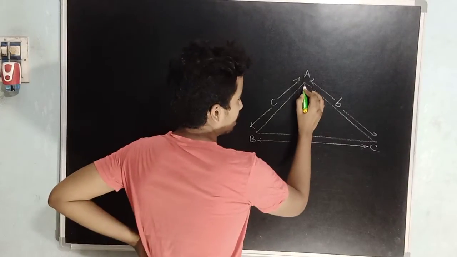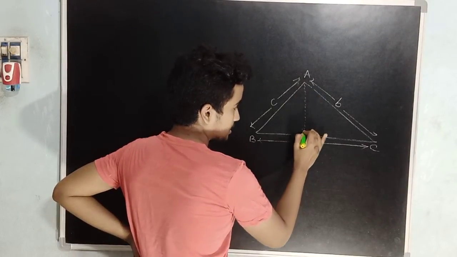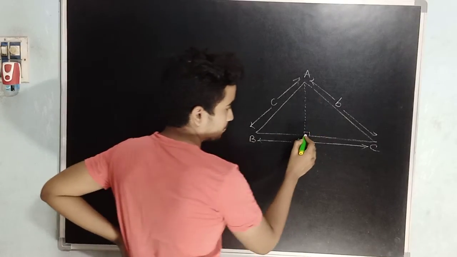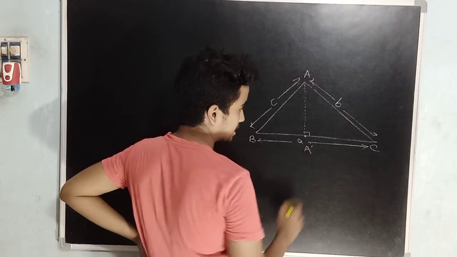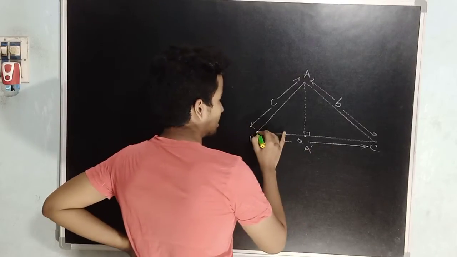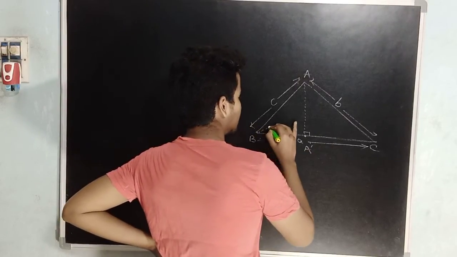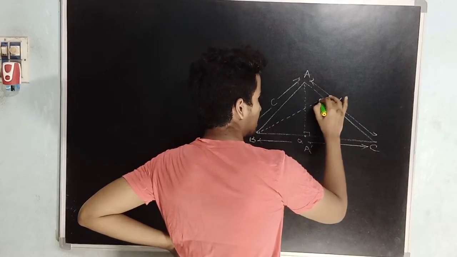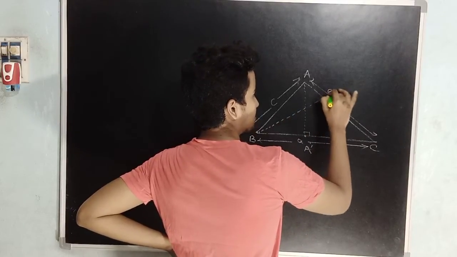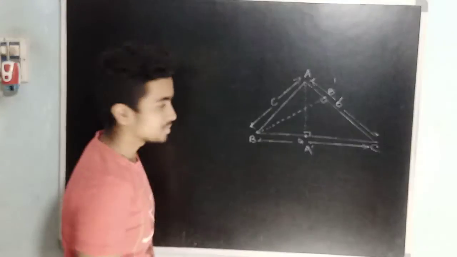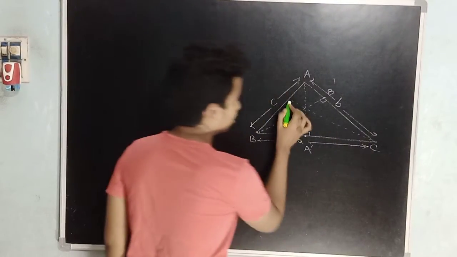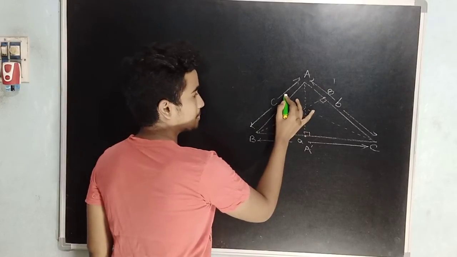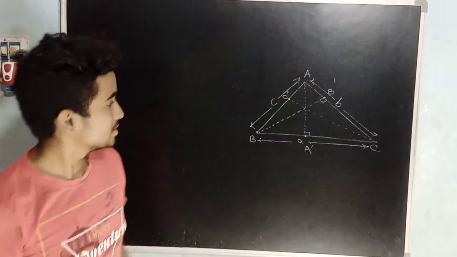Now let me draw a perpendicular from vertex A on side BC. Let me call this point A dash. And let me draw another perpendicular from B on AC, which I name B dash, and another perpendicular from vertex C on AB, which I call C dash.